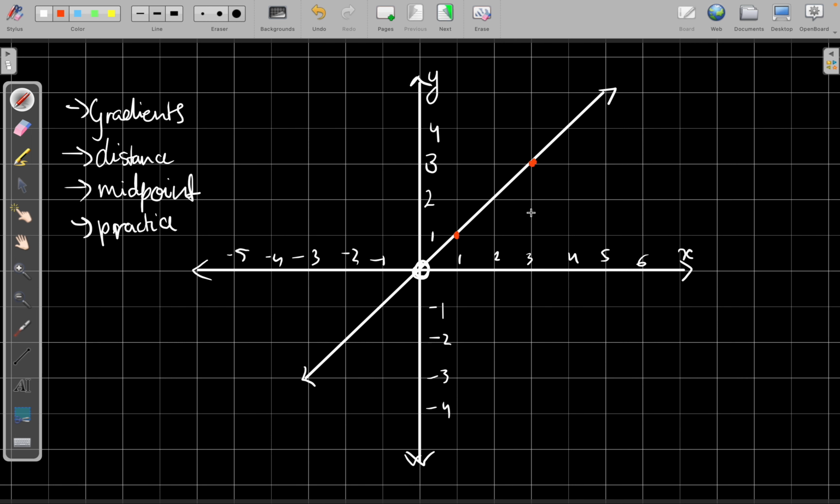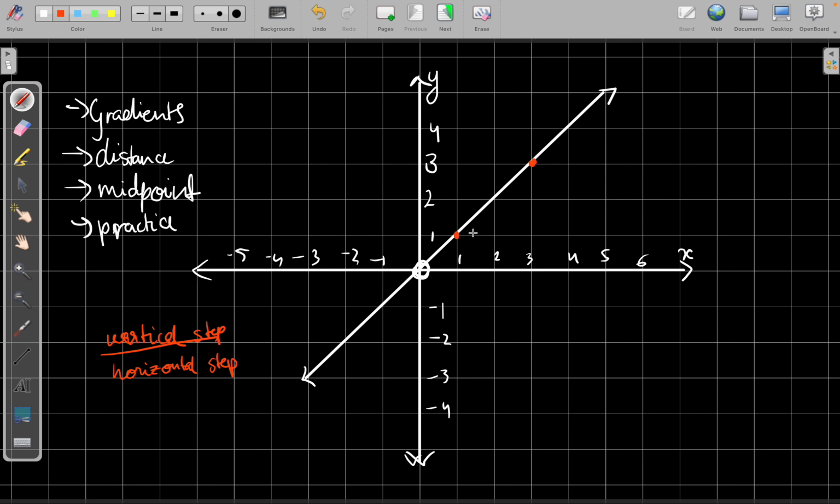The first way we're going to learn to find the gradient is by writing the vertical step over the horizontal step.